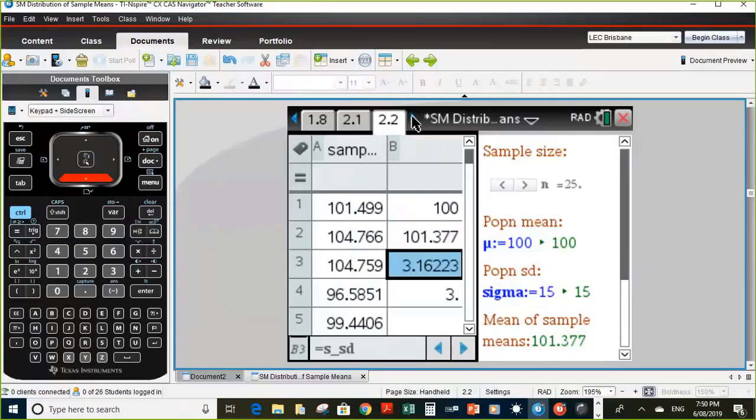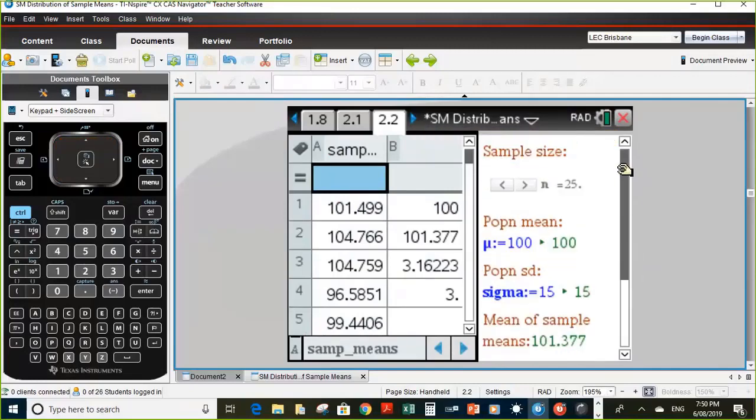And here's our sample standard deviation, and this is this currently mythical value of sigma on root n, which we end up talking about in theoretical considerations later. So again, we've got a similar setup. We've got a spreadsheet application on the left-hand side, and a notes application there on the right-hand side.